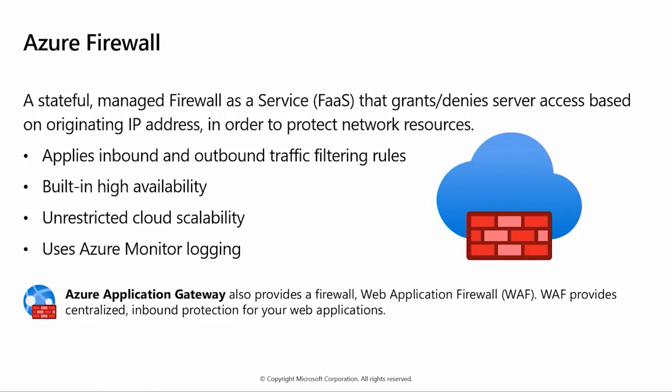You only need to worry about one because you have unlimited cloud scalability and it's already highly available. It's connected to Azure Monitor, so all of the reports coming in from your firewall go straight into Azure Monitor. But again, this is perimeter.